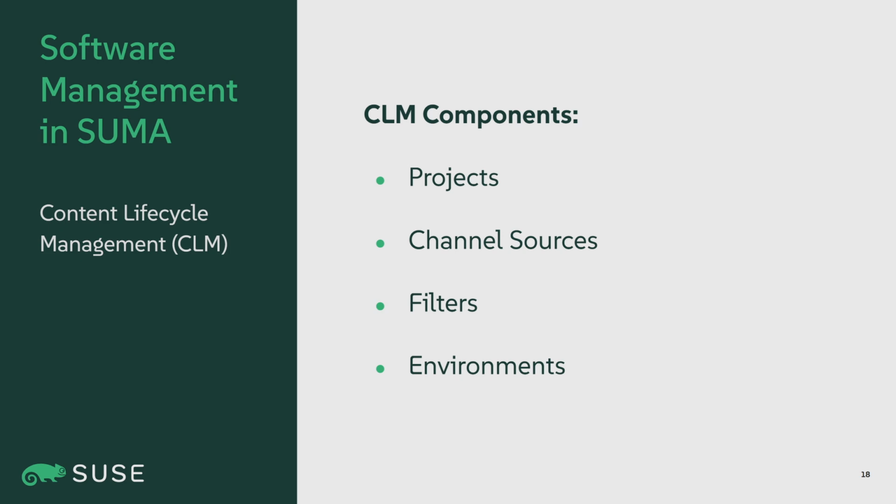You can create multiple environments within a project so that you can lock in a custom repo build and only promote builds to another environment when you are ready. When used properly, CLM helps you ensure that you never have packages reach production that weren't already tested thoroughly and allows for granular customization. I'll be demonstrating this process in more detail in a few minutes.